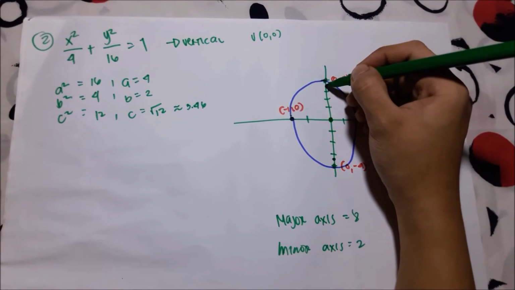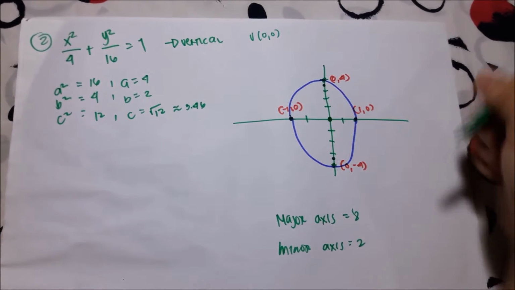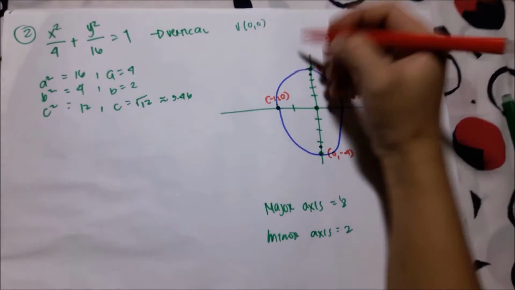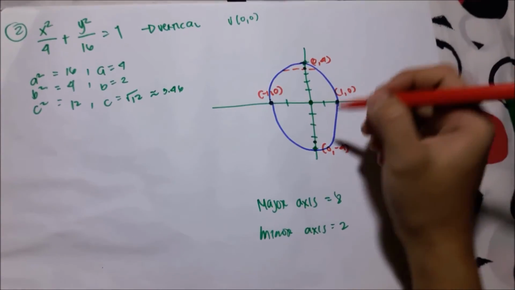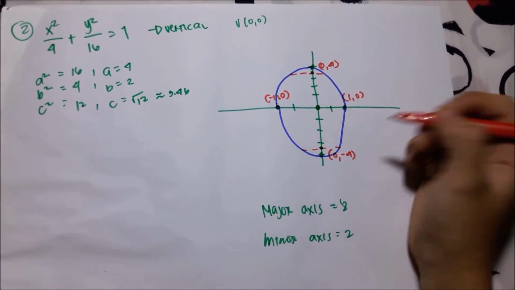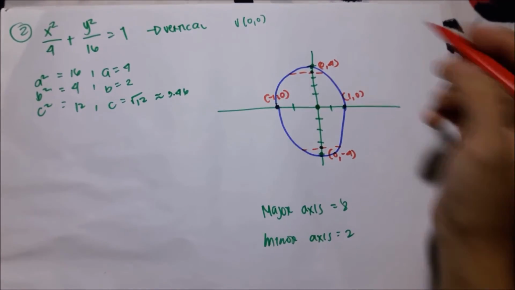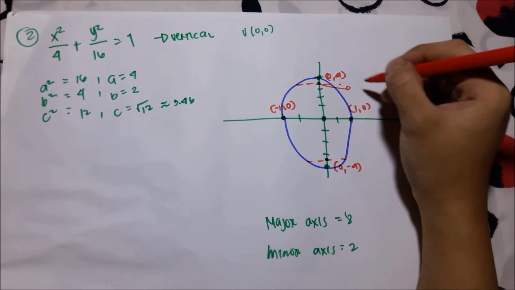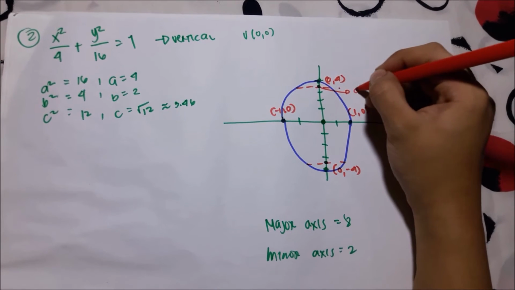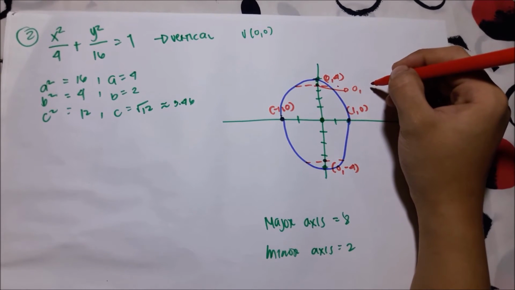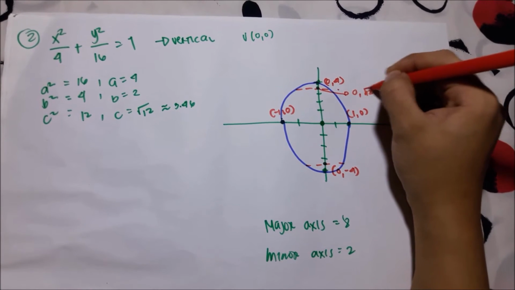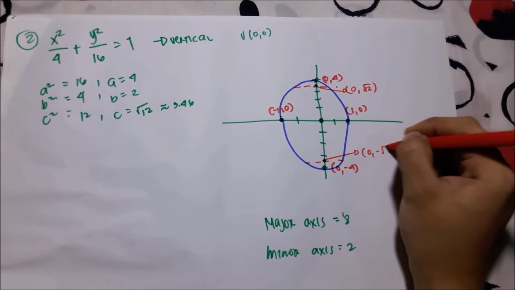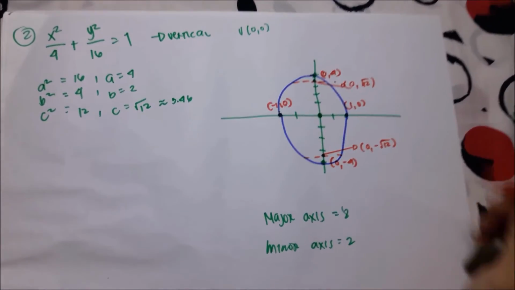So just assume this is 3.46. So let's draw the broken line. So that's your foci. So the points for that one are 0, square root of 12, and this one is 0, negative square root of 12.